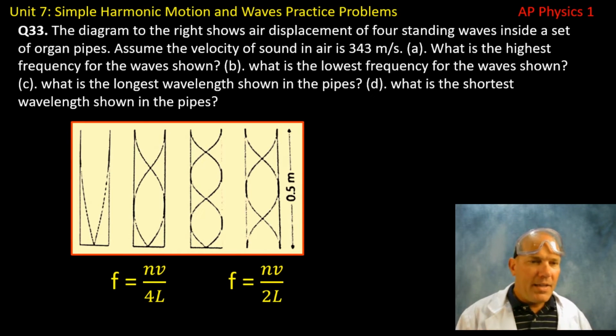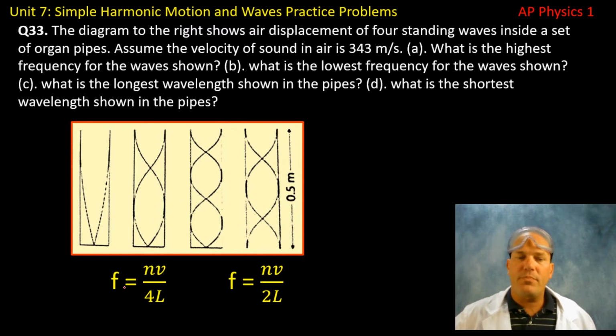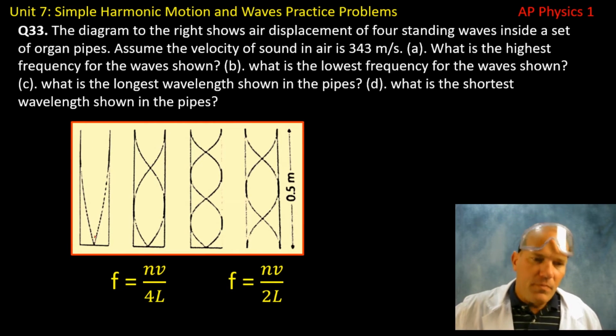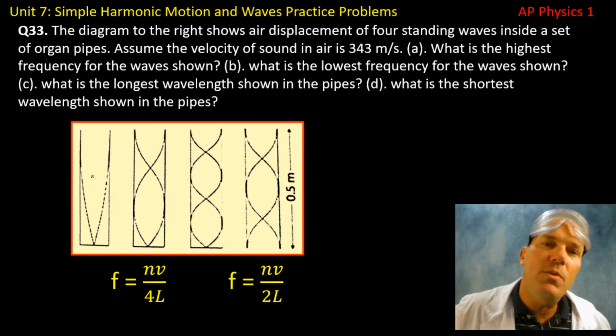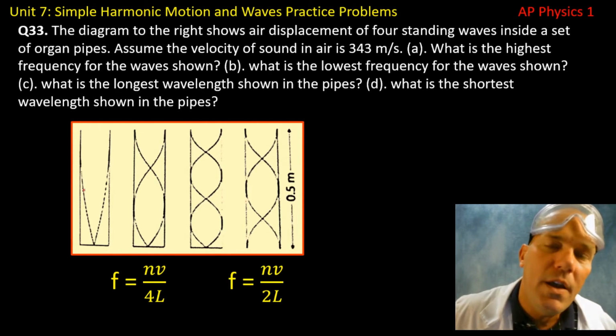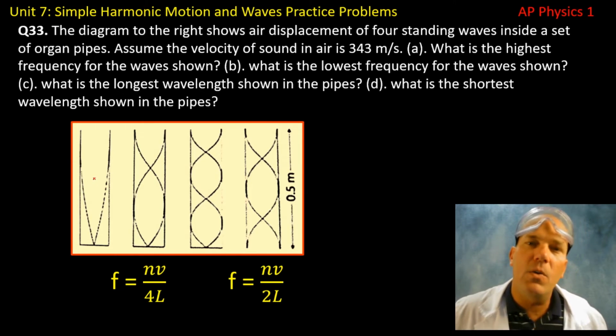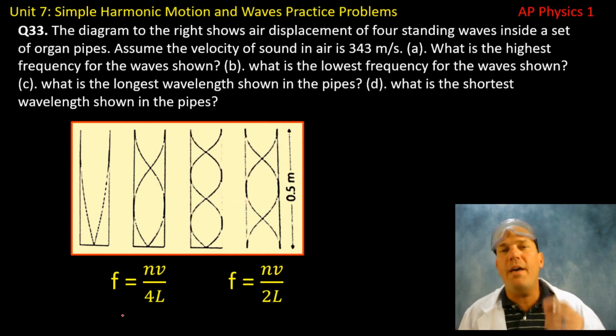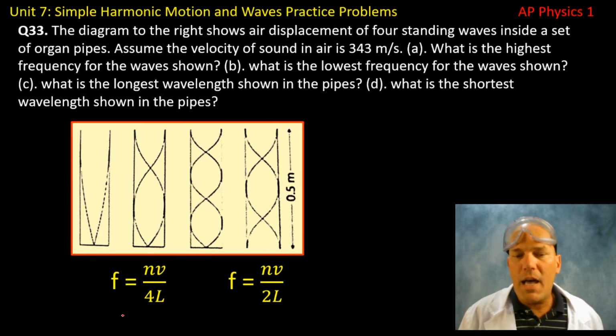For that situation, we are using this equation here. We've gone through in class that the fundamental harmonic n equals 1 is 1/4 of lambda, or a wavelength, if you're wondering where that 4 comes from in the denominator.